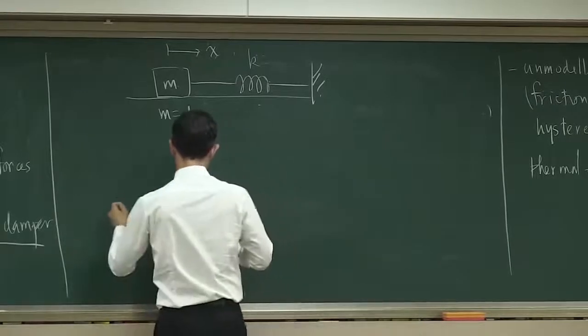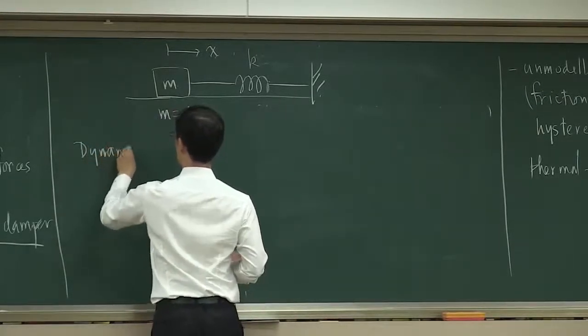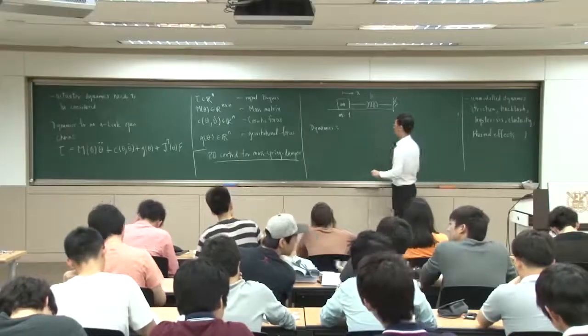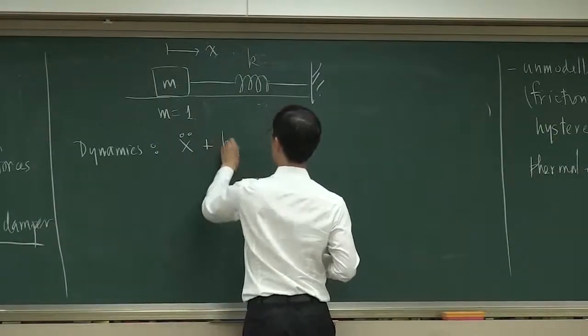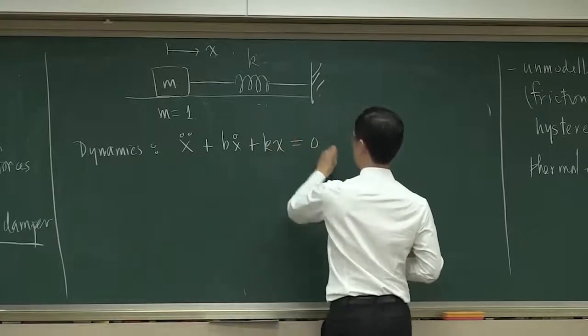The dynamics would be of the form x double dot plus b x dot plus k x equals 0.